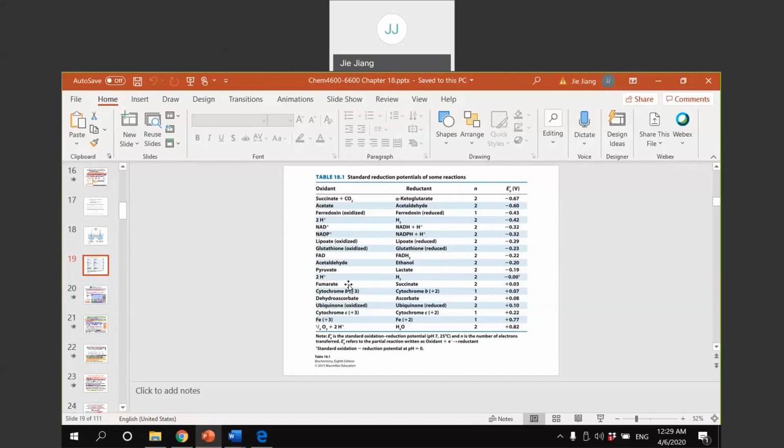So you can see oxygen in this table. Oxygen has the highest cell potential, so it's the molecule that's easiest to accept electrons.